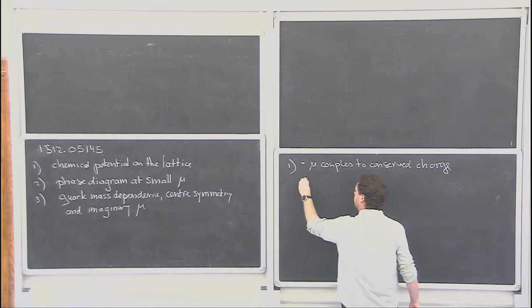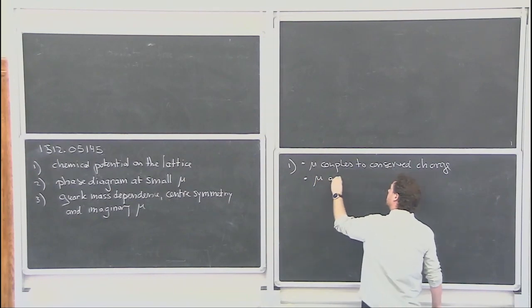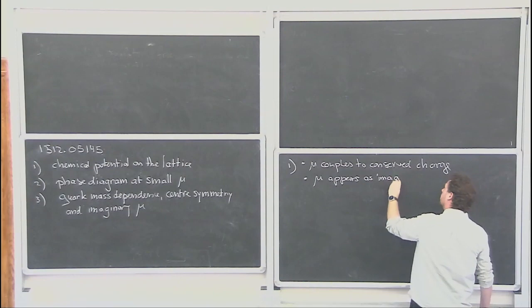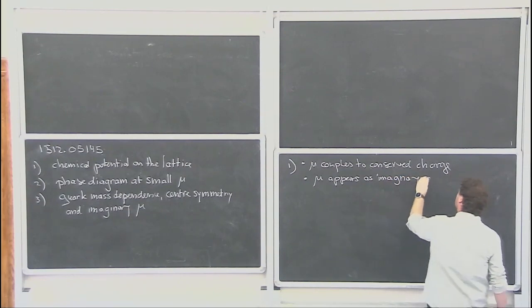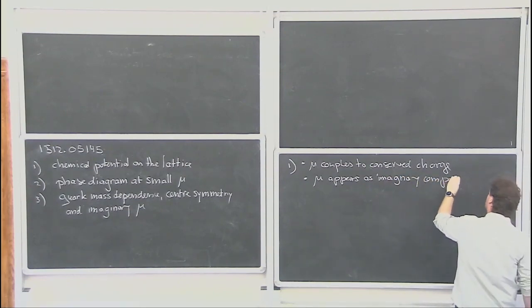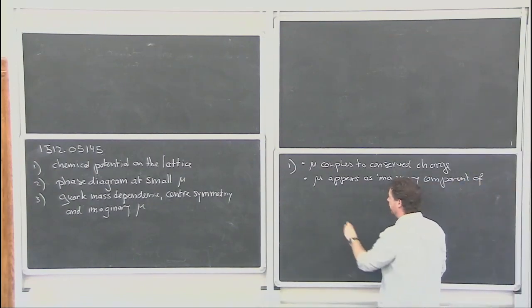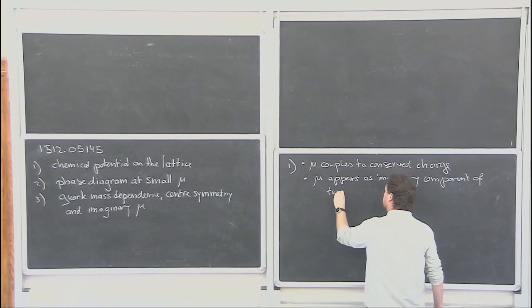And the second observation is that mu appears as the imaginary component of the fourth component, temporal component of a gauge potential.